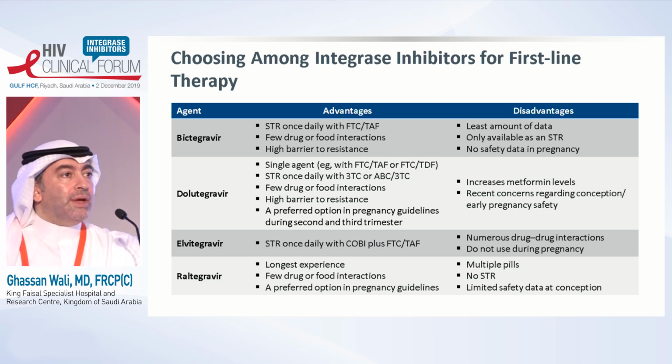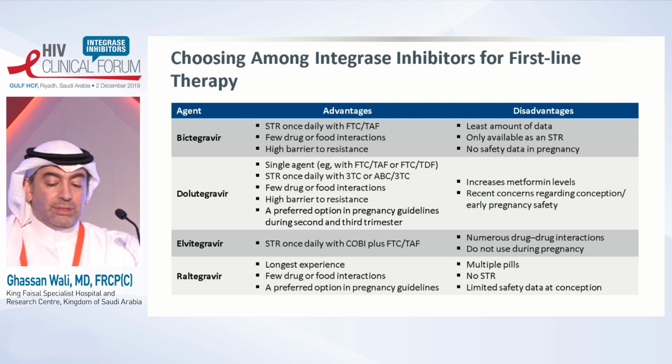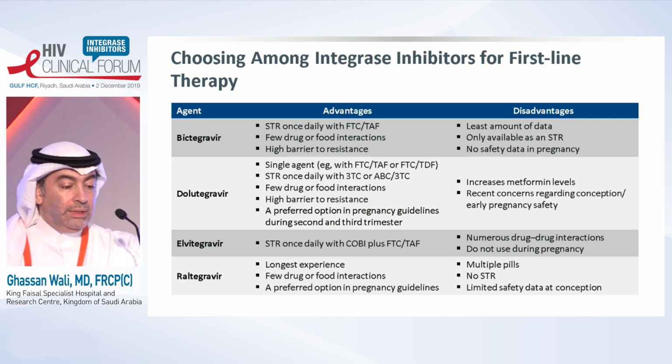Again, the disadvantage of elvitegravir is that it contains a pharmacoenhancer. It is a great option for young patients, but for the elderly, I think it might have some issues with drug-drug interactions. Dolutegravir can be given in pregnancy, but it's preferred to be used during the 2nd or 3rd trimester.